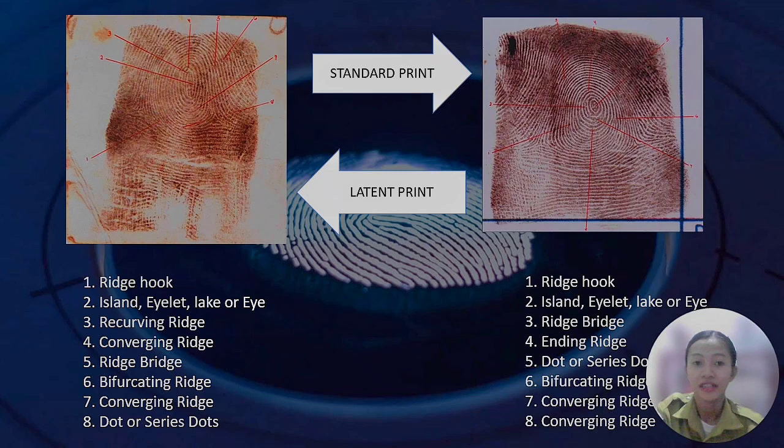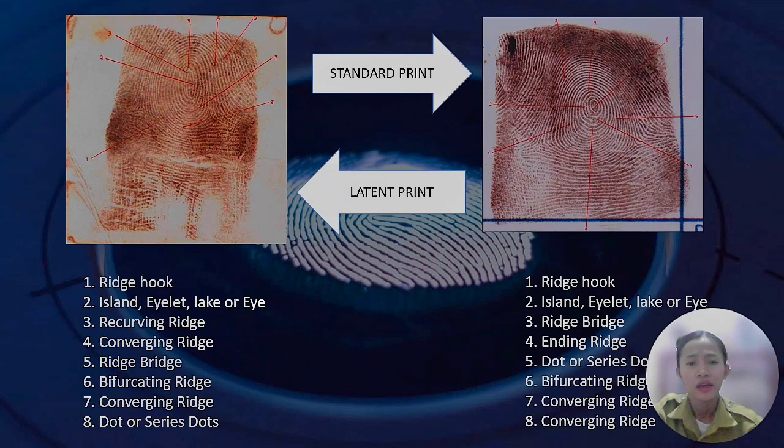While the standard print has a ridge hook, island, islet, lake or eye, ridge bridge, ending ridge, dot or series of dots, bifurcating ridge, converging ridge, and sufficient ridge.